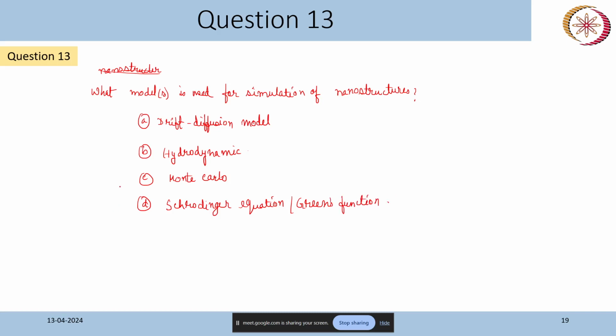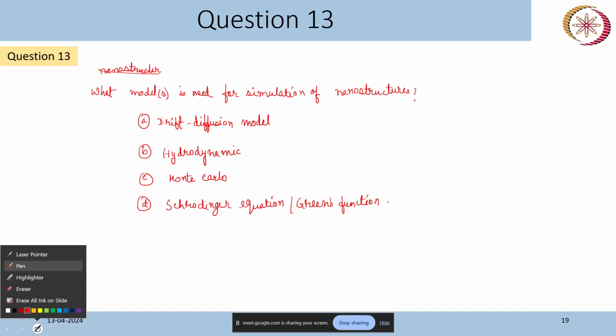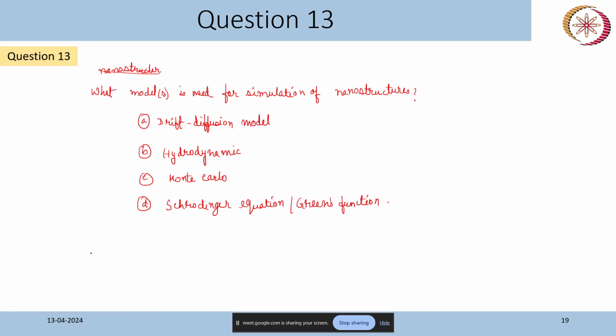I mentioned in the last session also, when the dimensions are very small, we have to consider the quantum mechanical effects. The drift diffusion model and others do not consider those quantum effects.